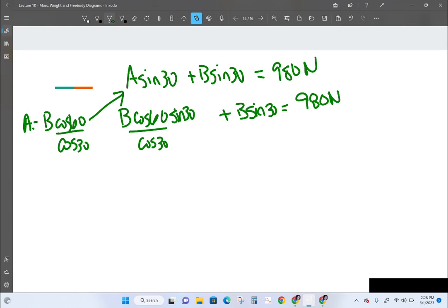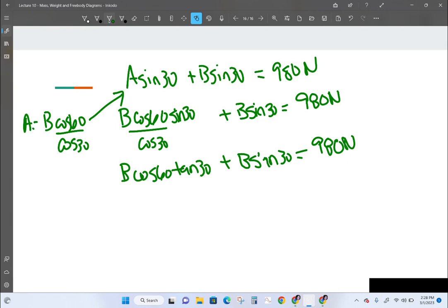All right, so this is kind of a mess here. But I know that sine divided by cosine is tan, so I'm going to make it look a little prettier. Since sine and cosine are both of 30 degrees, I can say that is cosine of 60 times tan of 30 plus B sine of 60 equals 980 newtons.